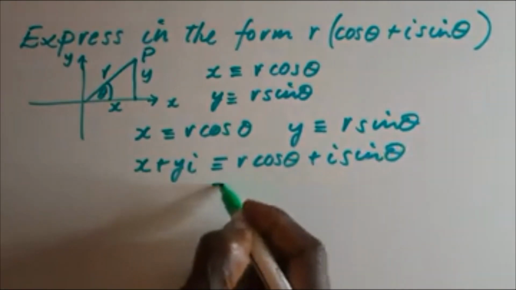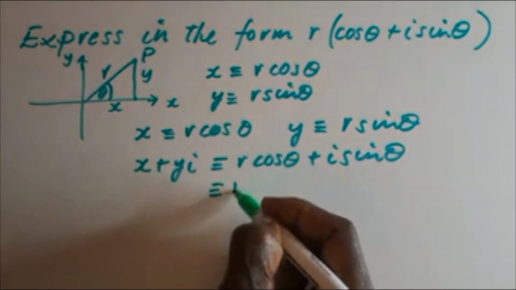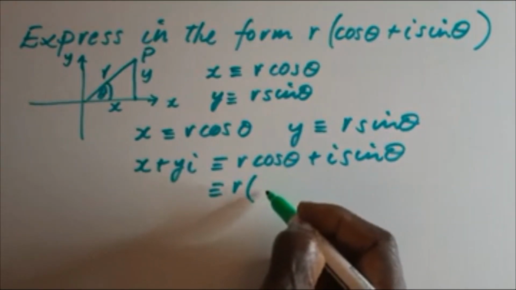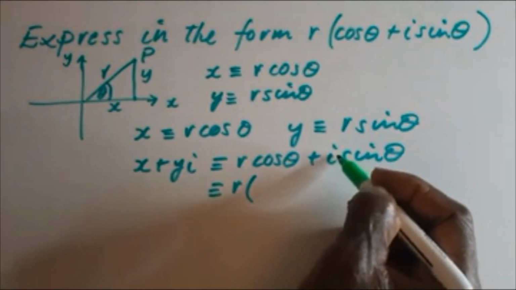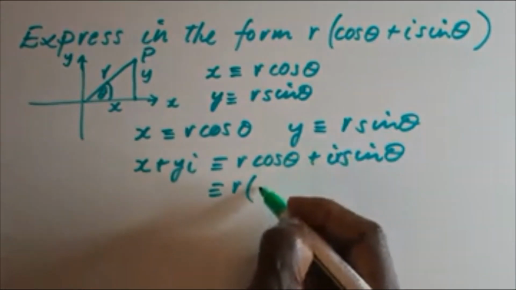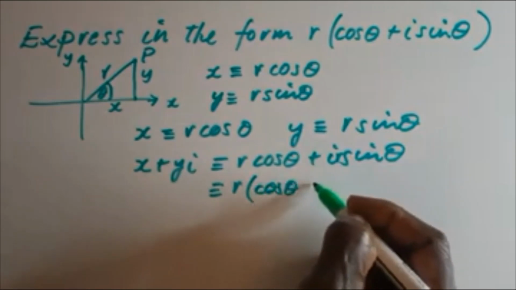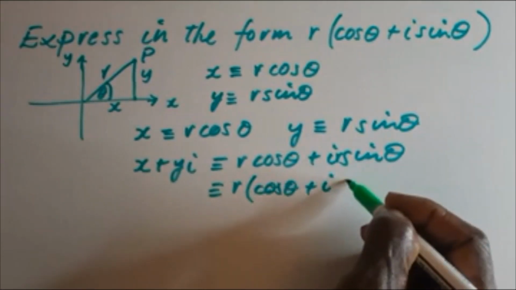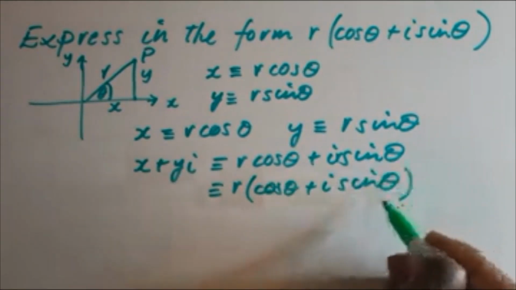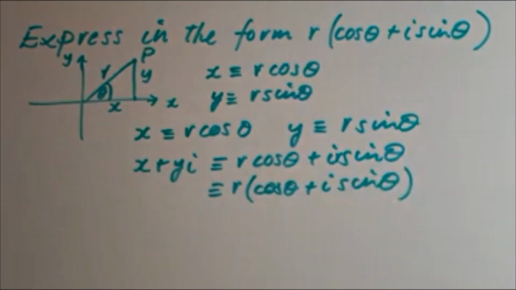And we can neatly write this as, oops, I forgot the r here, r cosine theta add i sine theta. So all we need to do with a complex number is to determine r, the radius. We need to find the principal argument, and that will be theta, and then we write it in this form.